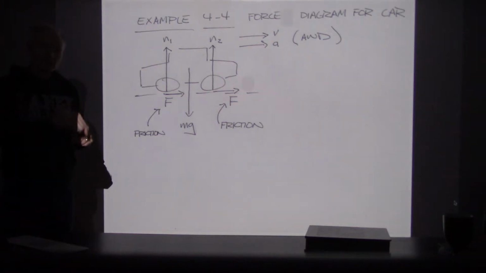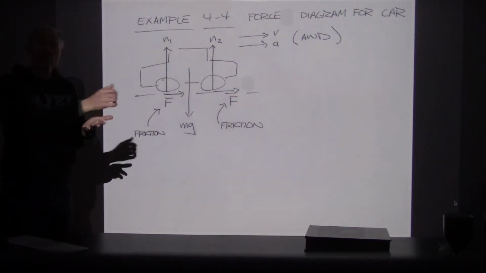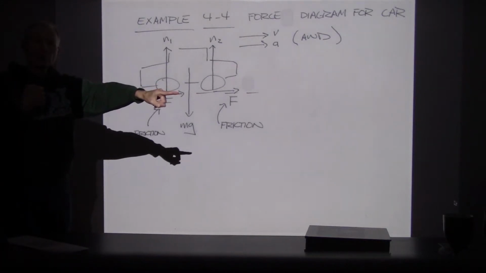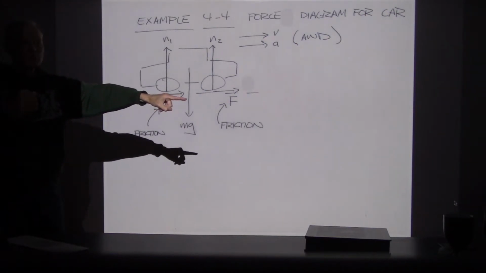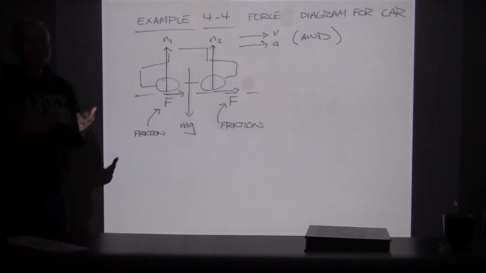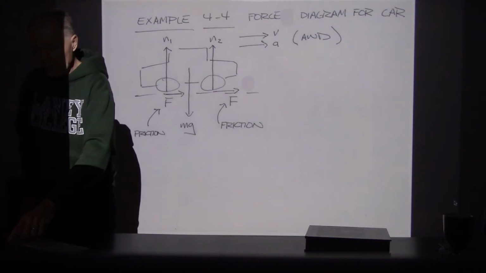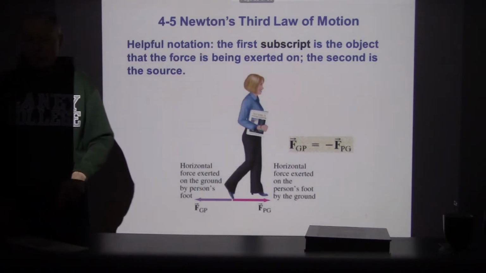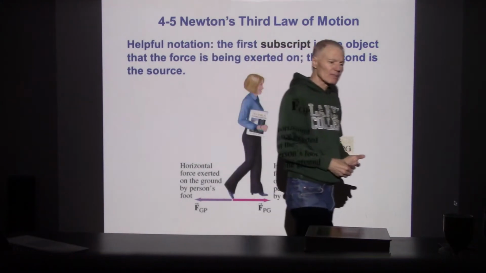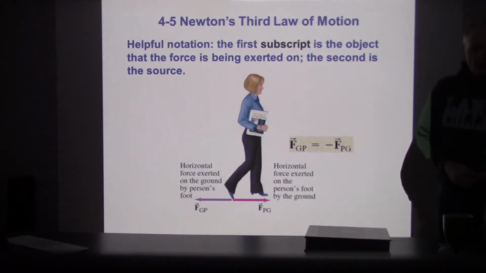My foot or my shoe, where it's making contact, is pushing back on the floor, and that sets up a third force pair. So the floor will push forward on my shoes, and that propels me in that direction. That allows there to be an acceleration. So that's a very important third force pair, and it's one that you have to stop and think about a bit. It's not the easiest example to think about.